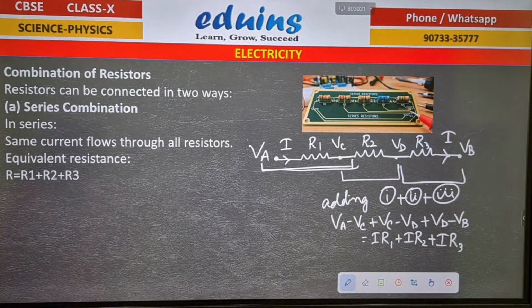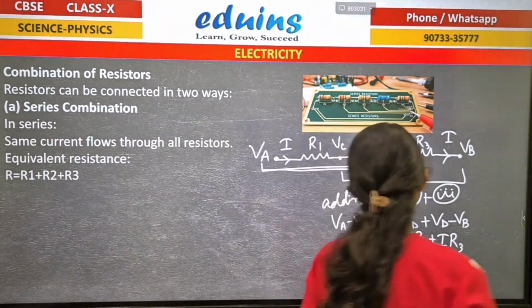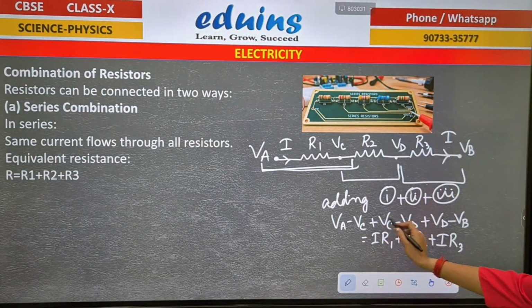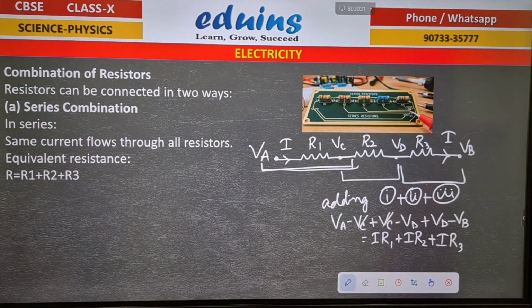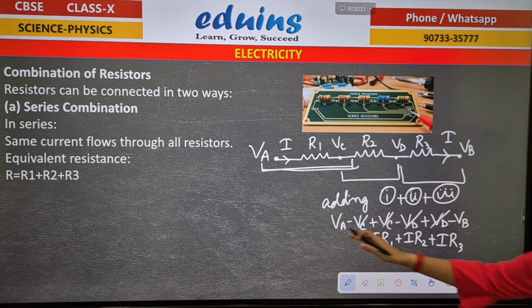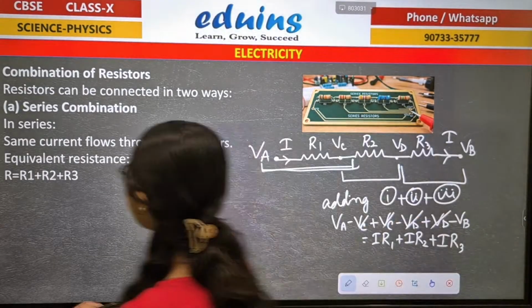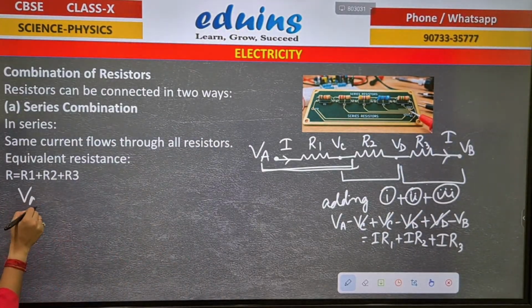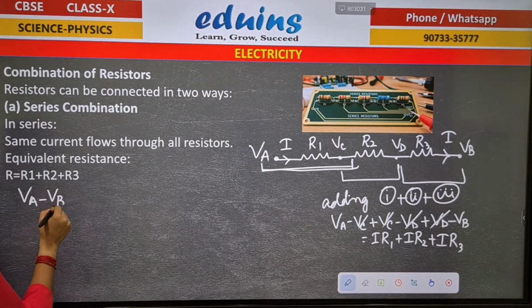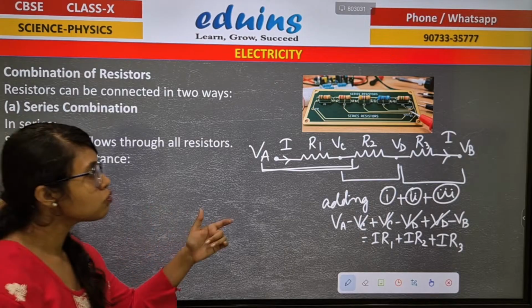So let's calculate here. VC minus VC plus VC cancel out each other. Then VD minus VD plus VD. Then we get only VA minus VB from here. So we write here VA minus VB, that is the potential difference between the two terminal points.